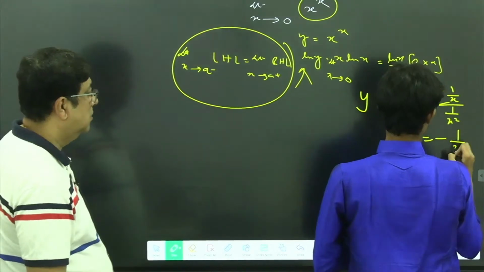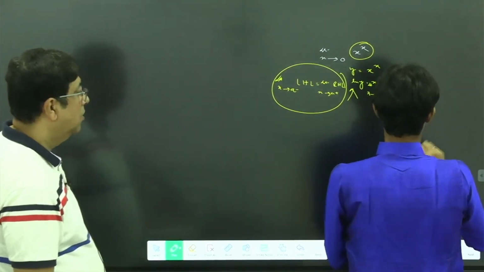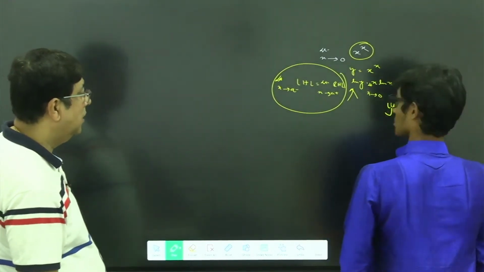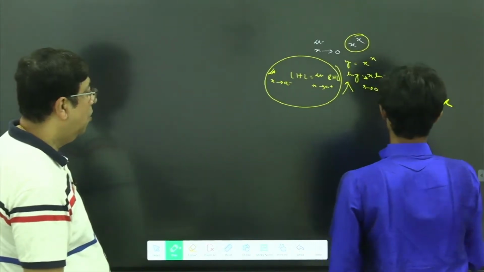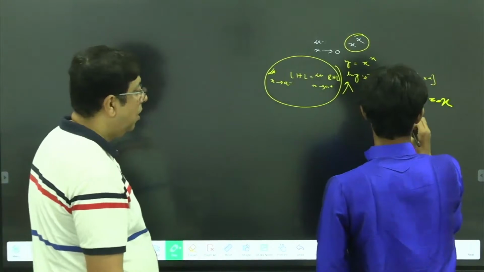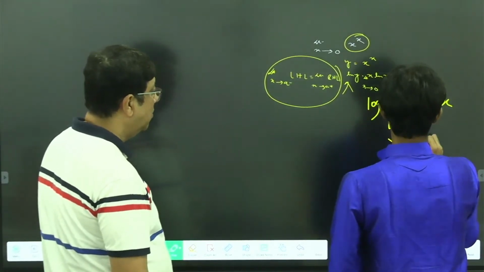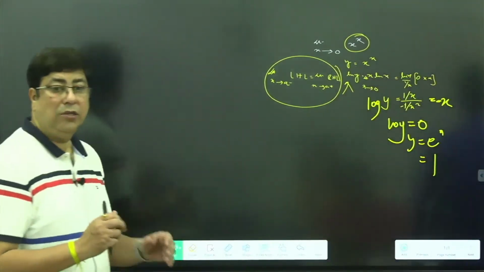This is x only. Minus x actually. When x tends to 0, therefore log y equals 0, so y equals e to the power 0, which is 1. Very good.